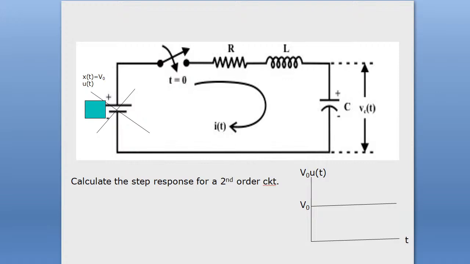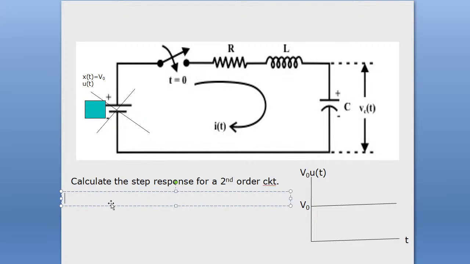So everyone first write the KVL differential equation for this circuit. Let me write here and you compare. You consider the switch is closed at t equal to 0.